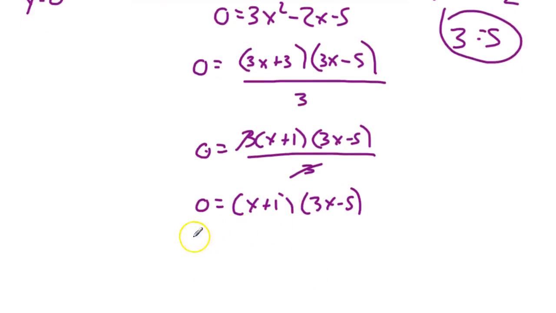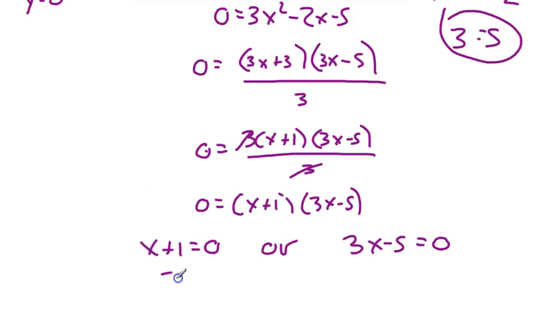Zero product property tells me I set each of these equal to 0. So x plus 1 equals 0, or 3x minus 5 equals 0. Alright, now I solve. Minus 1, x equals minus 1, or plus 5 cancels, 3x equals 5.